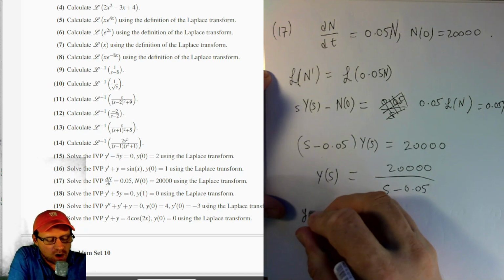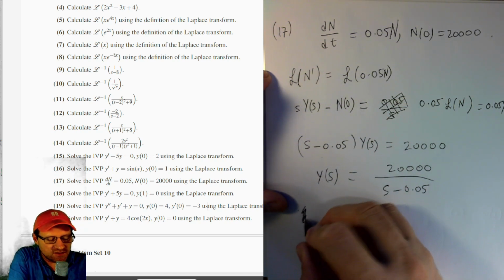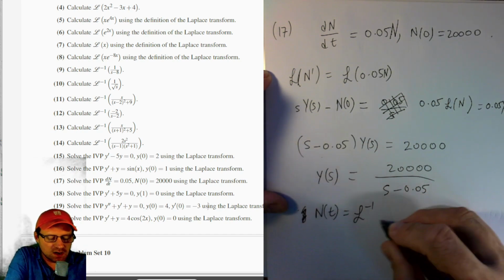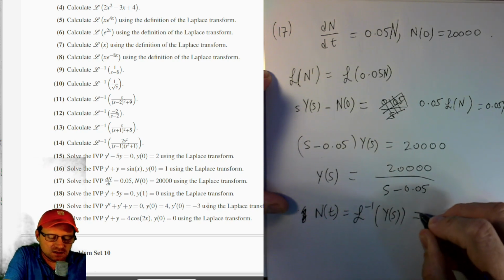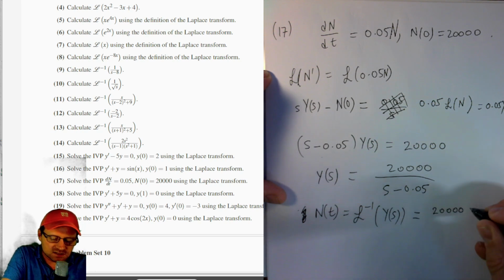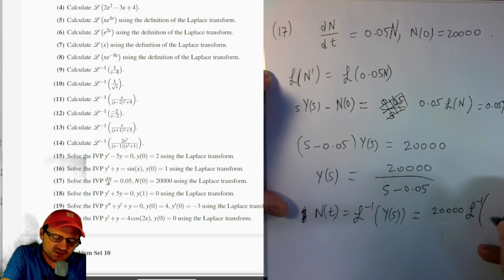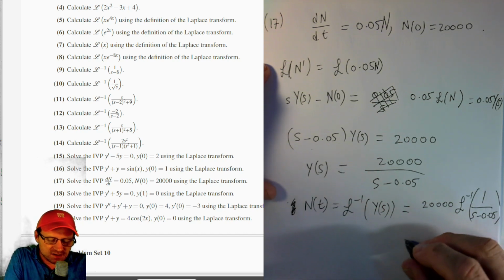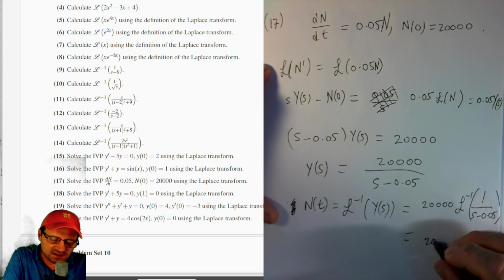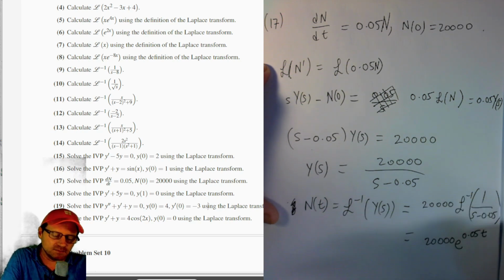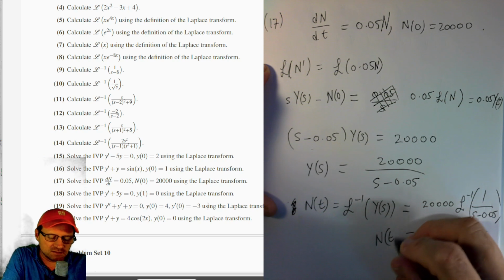So we have N as a function of t is the inverse Laplace transform of Y(s), which is 20,000 times the inverse Laplace transform of 1 over s minus 0.05. Okay, and so on the right-hand side, we have 20,000 e to the power of 0.05t is N(t).